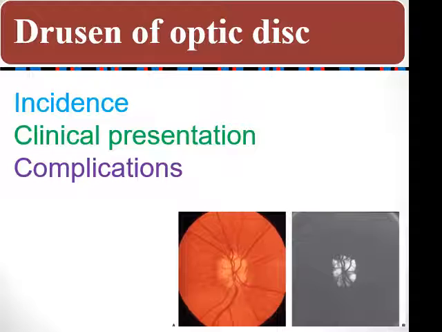Patient with transient blurring of vision. On examination, there is good visual acuity and bilateral apparent disc swelling. During childhood, the drusen are under the surface of the optic disc, giving the disc a lumpy appearance.